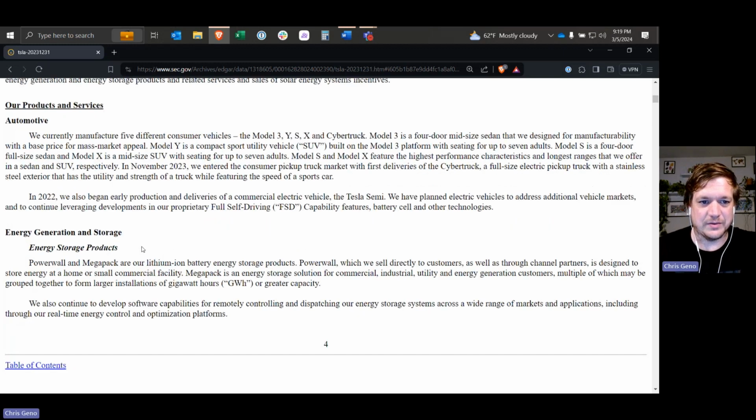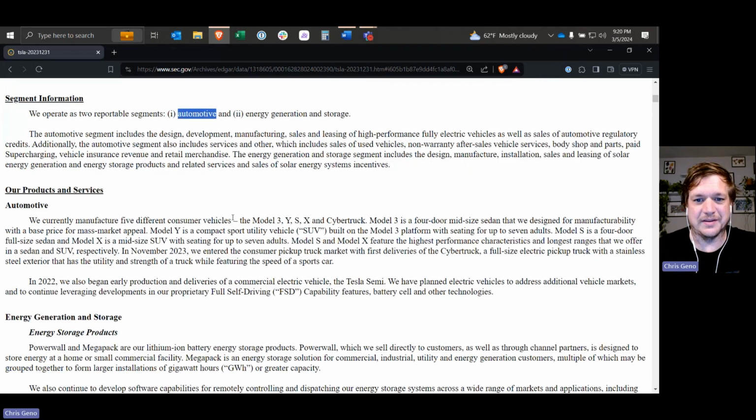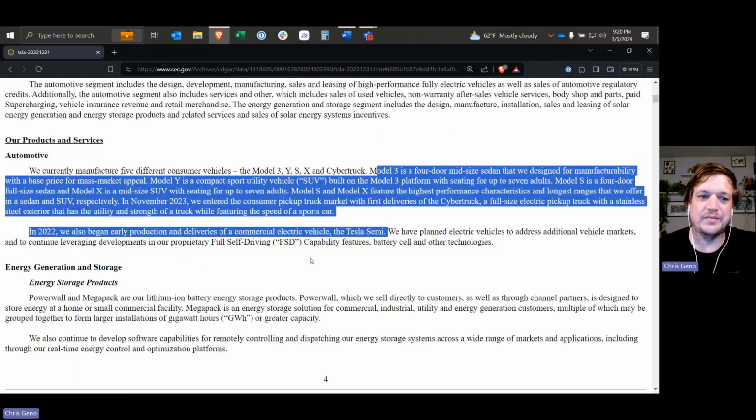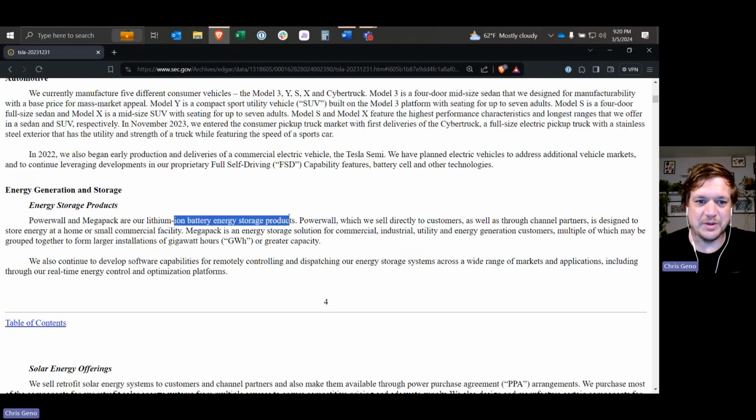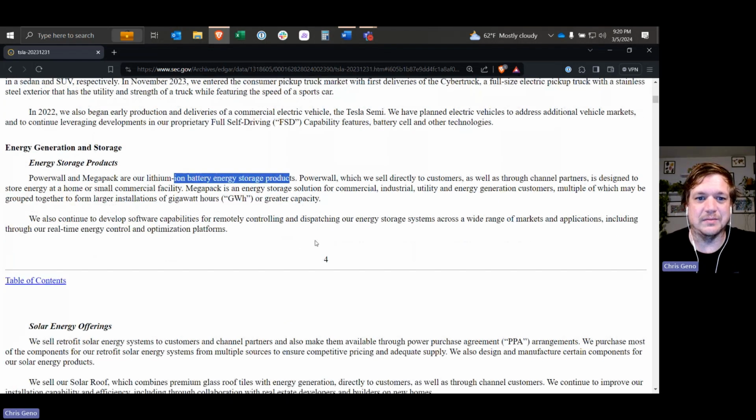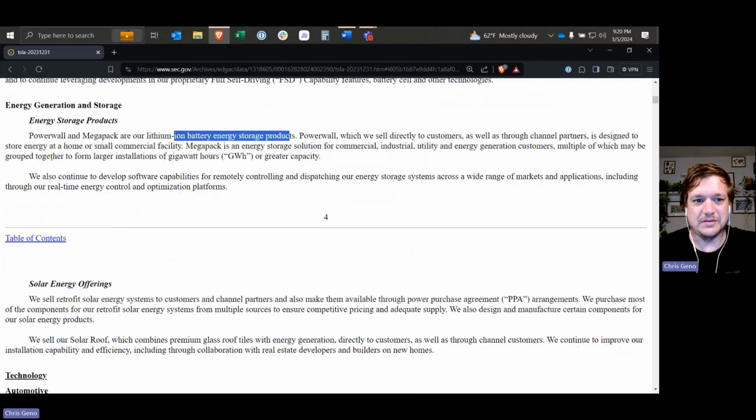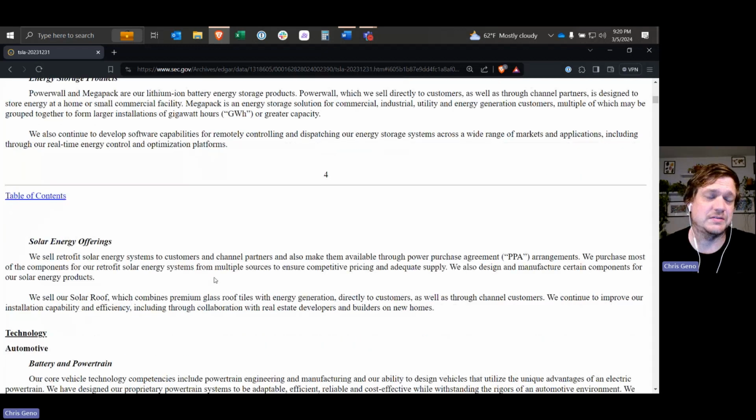From that, they also talk about exactly what they're doing. They give you all of the details of the cars that they're making, as well as what those cars are, and then all of the details of the battery packs that they're building, the Powerwall, what that means, and the additional information both around energy storage and solar energy itself. So they have loads of information about this.